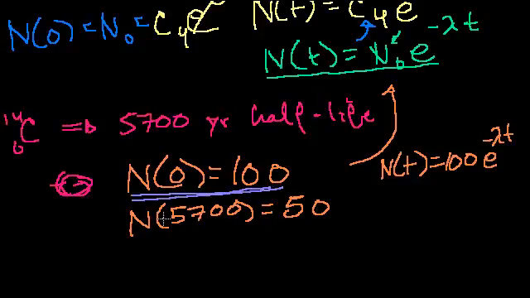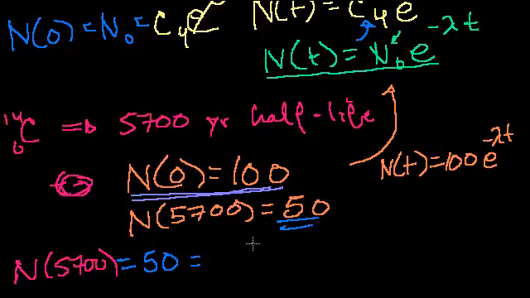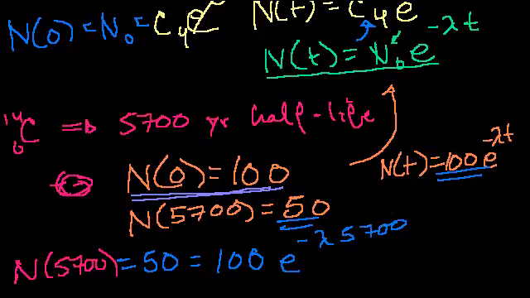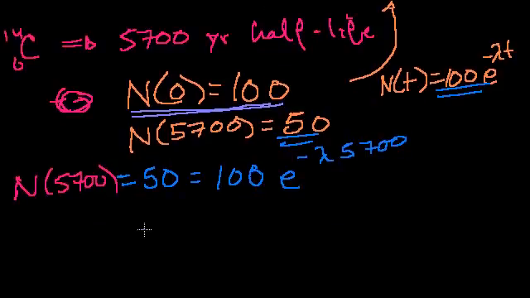And we also know that N of 5,700 is one half-life away, so we have half as much of our compound left. That's equal to 50, which is equal to 100 times e to the minus lambda times 5,700. And now we just solve for lambda, and then we'll have a general equation for how much carbon we have at any given moment in time.